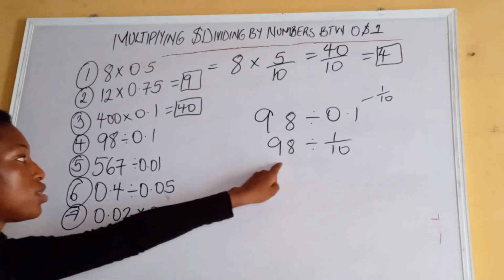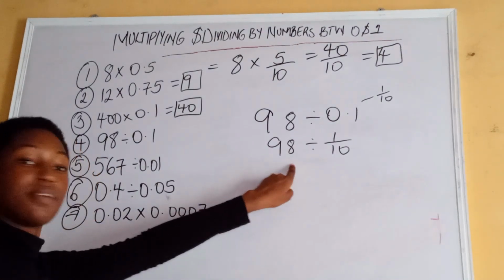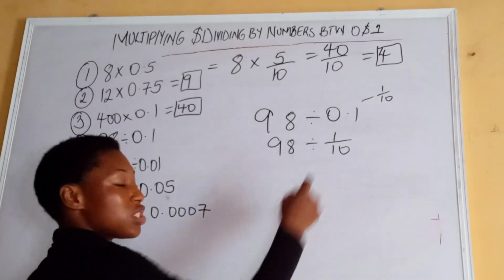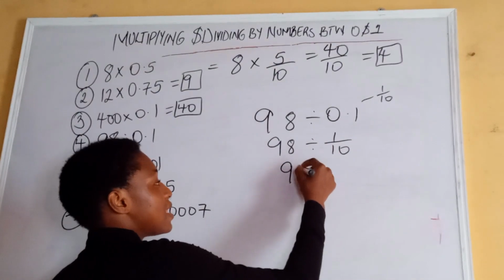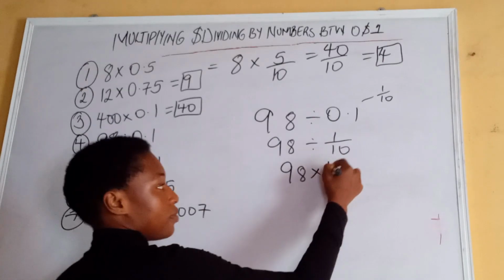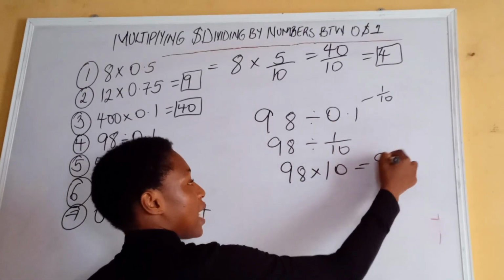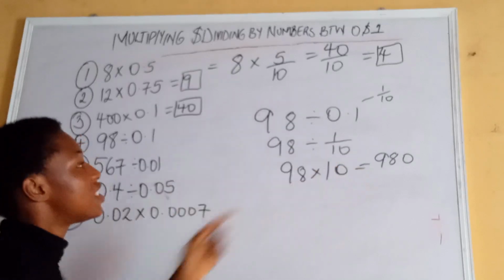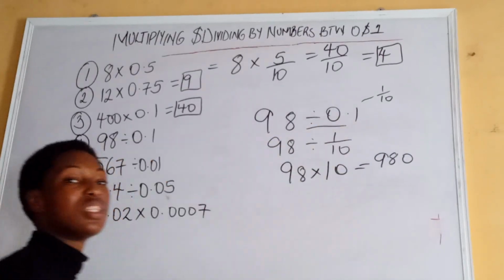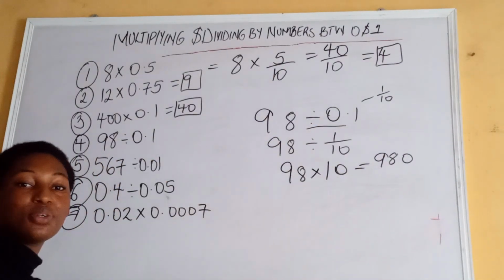Now you know with your division over here, fractions, right? You have to change this to multiplication. So you find the reciprocal. This will become 98 times 10. Your final answer will give you 980. So when you are dealing with something like this, this automatically becomes multiplication instead of the intended division.